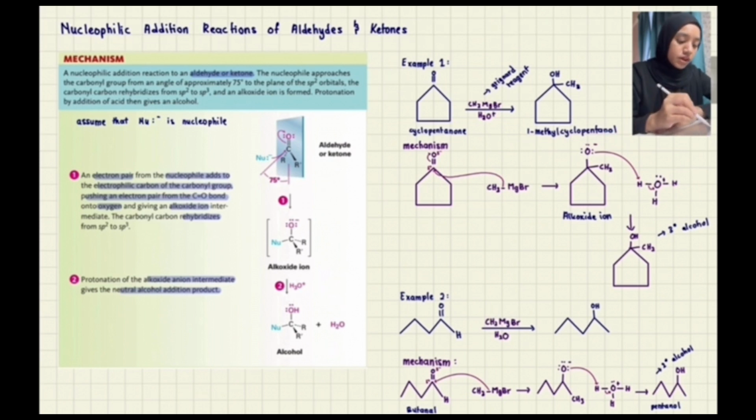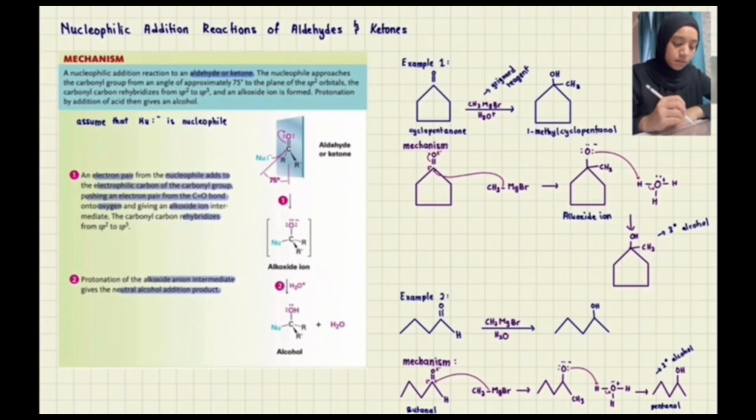For the mechanism, a pair of electrons from methyl, which is the nucleophile, will attack the carbon atom, which is the electrophile, pushing an electron pair from C double bond O onto oxygen, and it will form an alkoxide ion. A pair of electrons from oxygen will attack hydrogen, and the pair of electrons here will attack oxygen. It will form 1-methylcyclopentanol, which is a tertiary alcohol.